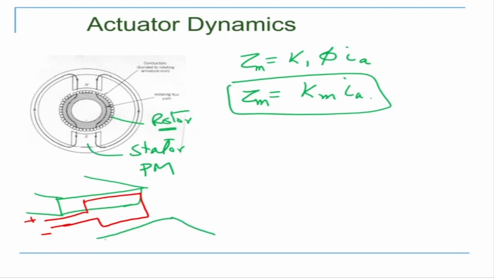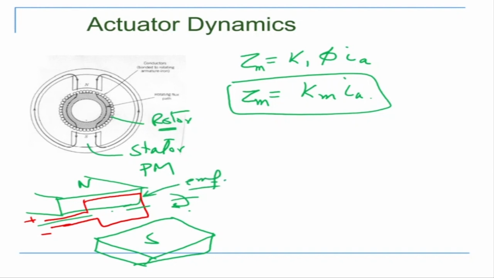There is another magnet here, like this. So this is my north, this is my south. This is rotating about this axis like that, and it is carrying a current. So there is a conductor which is moving in a magnetic field, which will ensure that there is an EMF induced in that conductor. And this EMF is called the back EMF.